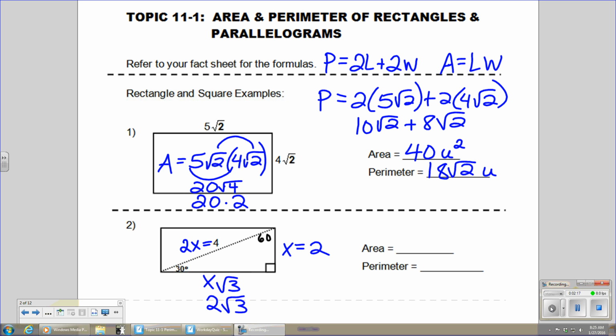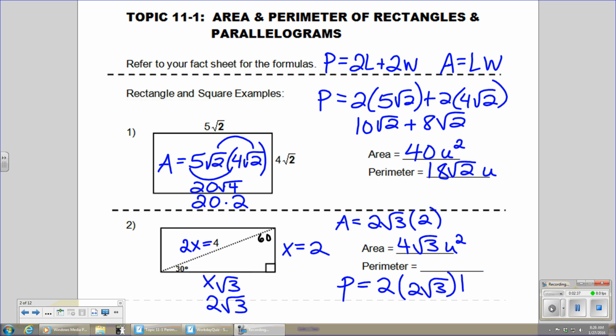So for the area, we would do length times width, which would be 2 square root of 3 times 2, and that gives us 4 square root of 3, again no units, so that would be units squared. And then for our perimeter, we're going to do 2 times the length plus 2 times the width.